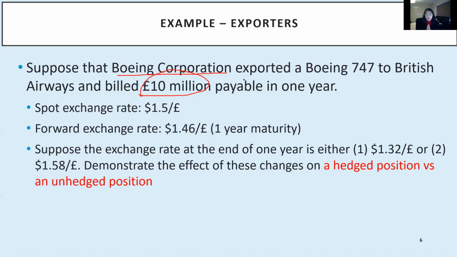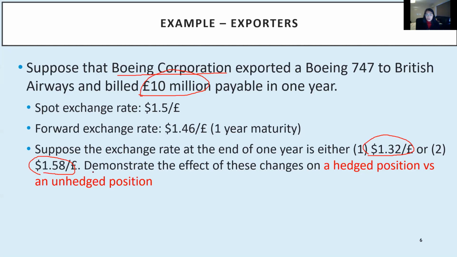Now, in this example, we are going to illustrate how an exchange rate change might affect your receipt in USD, okay? Suppose in the future, there could be two possible scenarios. Number one, the exchange rate is going to drop to 1.32, or number two, the exchange rate is going to increase to 1.58, okay?